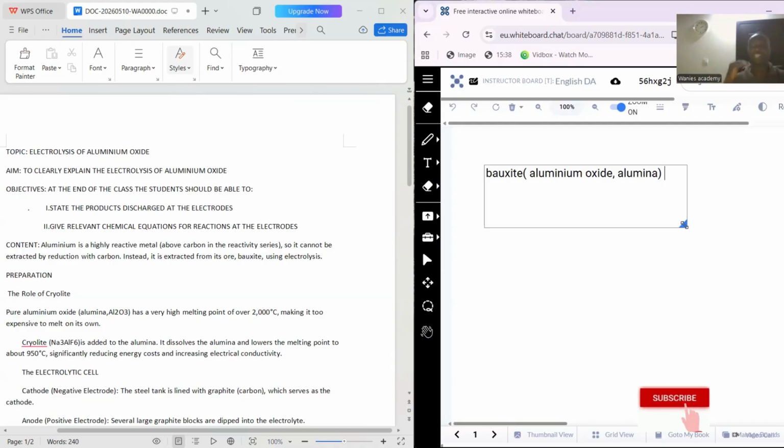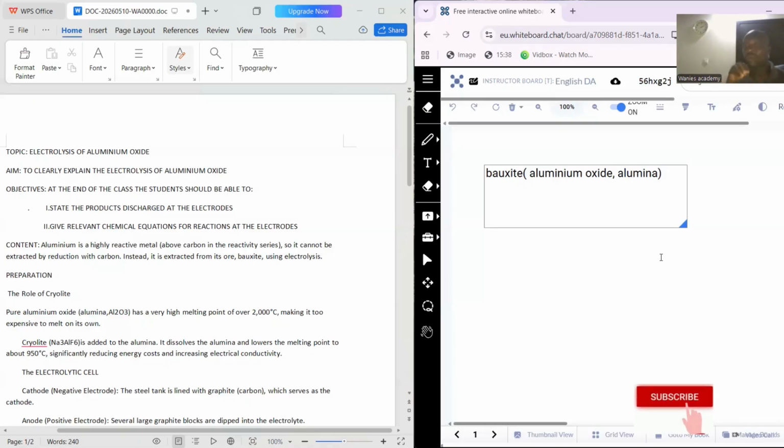Now let's look at how we prepare the aluminium oxide or the alumina for the electrolysis to extract aluminium from it. Firstly, I need you to understand that aluminium oxide in its pure form has a very high melting point, which is well over 2000 degrees Celsius.